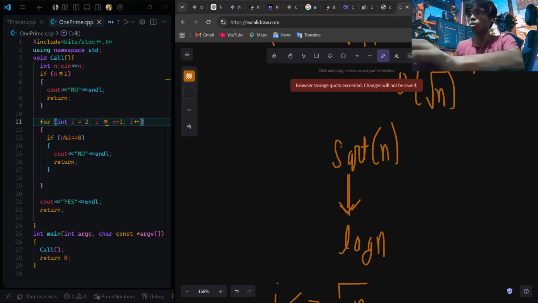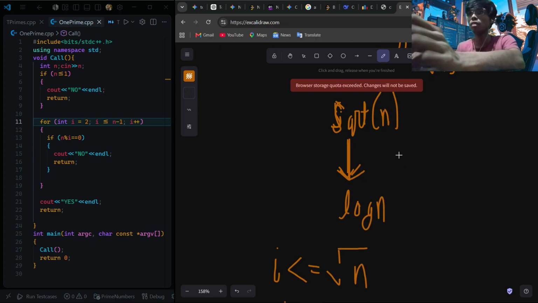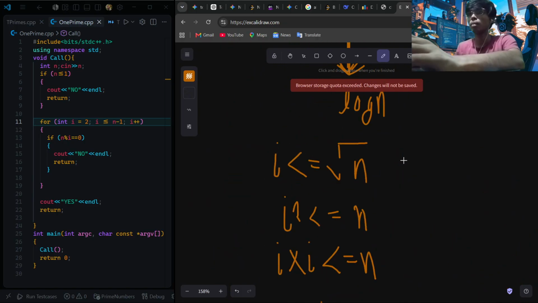One thing we can use here is the sqrt function, sqrt of n. But what is the problem? We will learn in future classes that the sqrt function takes log n time. So we are not using the sqrt function. Rather, we are using a simple mathematical concept: I know that i must be less than or equal to under root n.